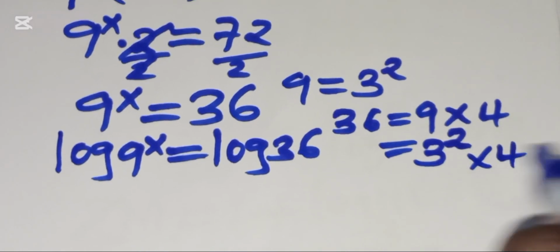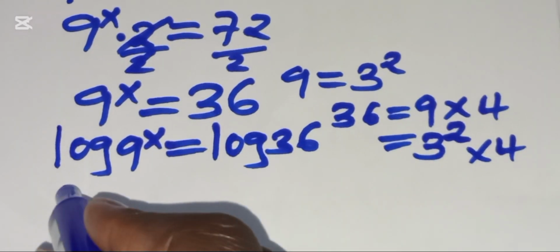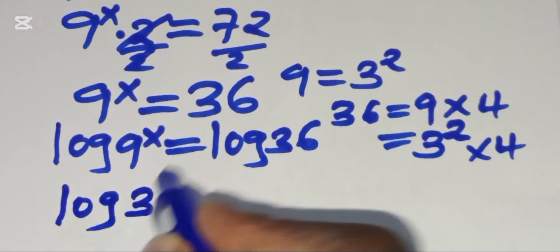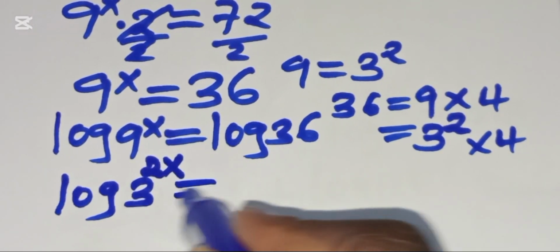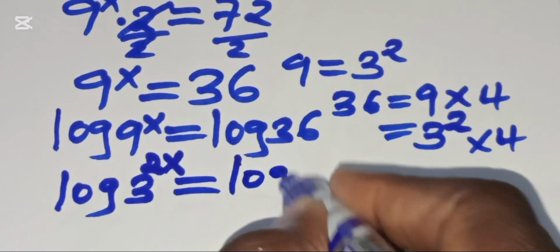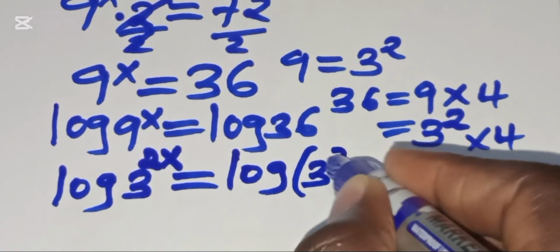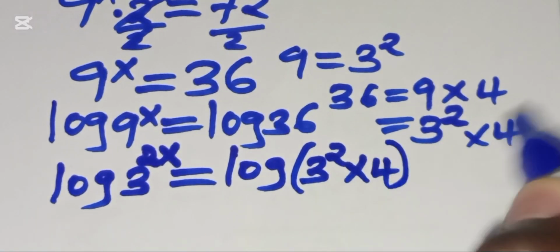So let's substitute this. We're going to have log 3 raised to power 2 multiplied by x, which is 2x, equal to log 3 squared multiplied by 4.